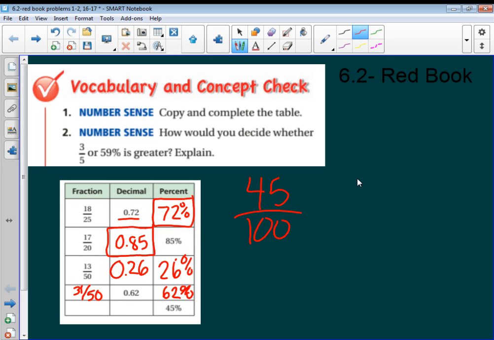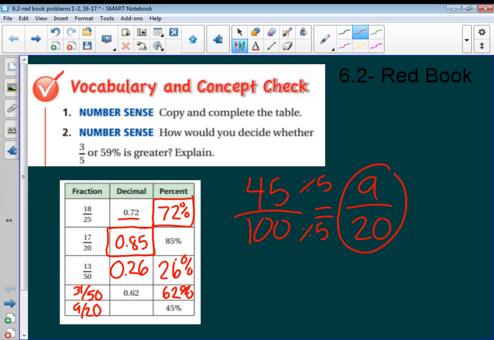There's my fraction. Let's divide by 5. 45 divided by 5 gives me 9, and 100 divided by 5 gives me 20. So 9/20 is my fraction.